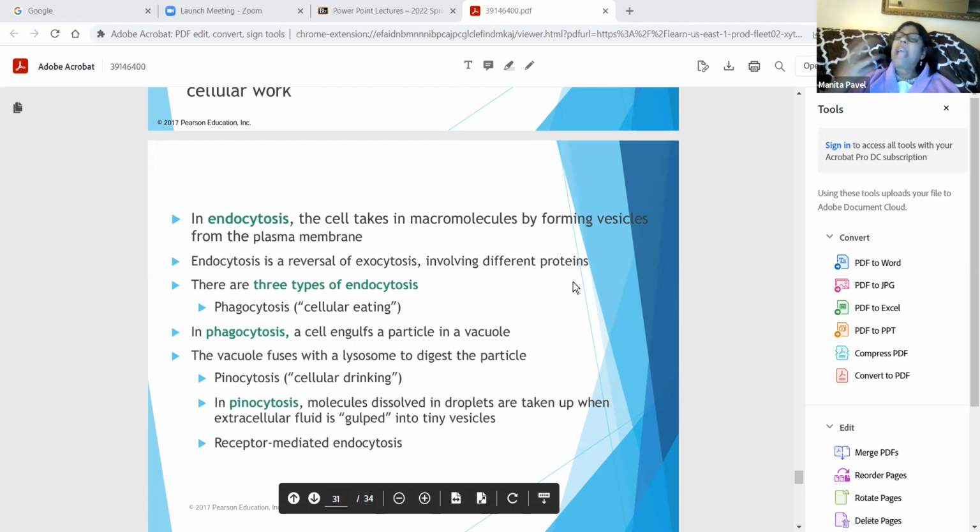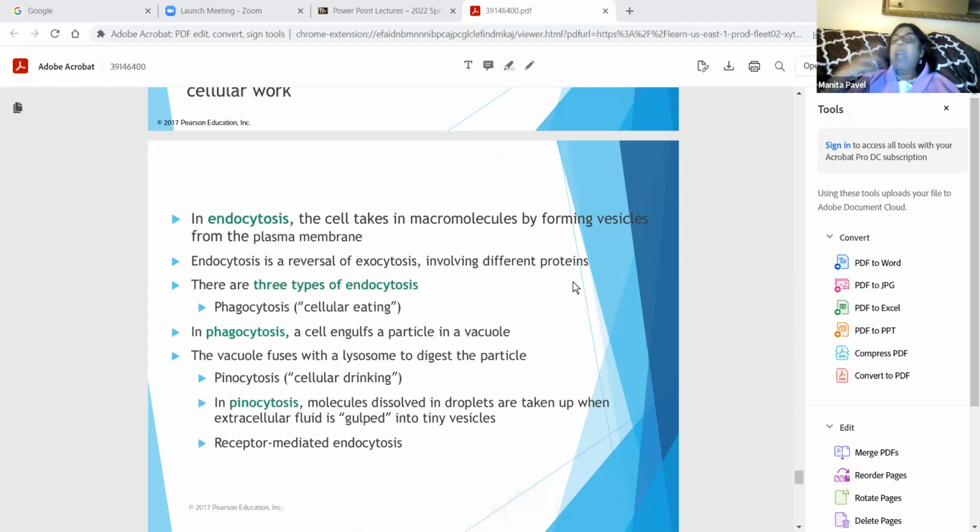So now let's analyze the term endocytosis. Endo means within. So endocytosis is the process where the cell is going to take in large macromolecules like food molecules, or even sometimes an entire microorganism like a bacteria or virus can enter the cell.